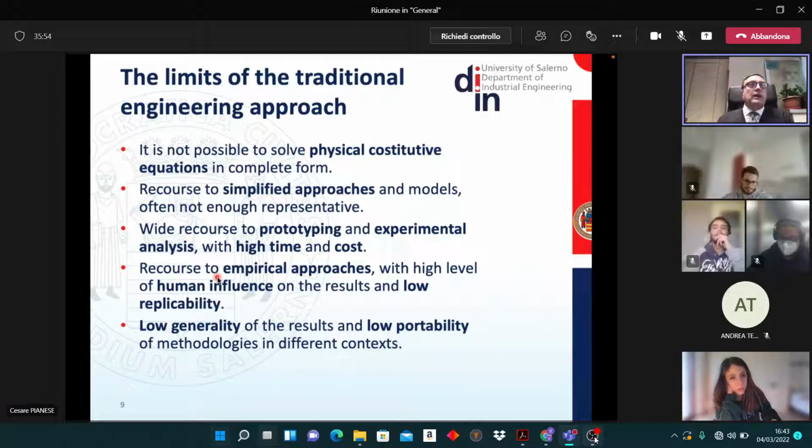So if we use prototyping and experimental analysis, we increase time and cost, as I have said already before. If we move on the right side, we increase the cost and, of course, the time, which is a cost.